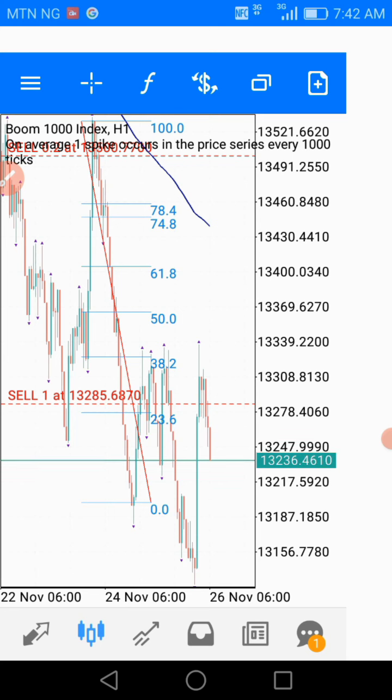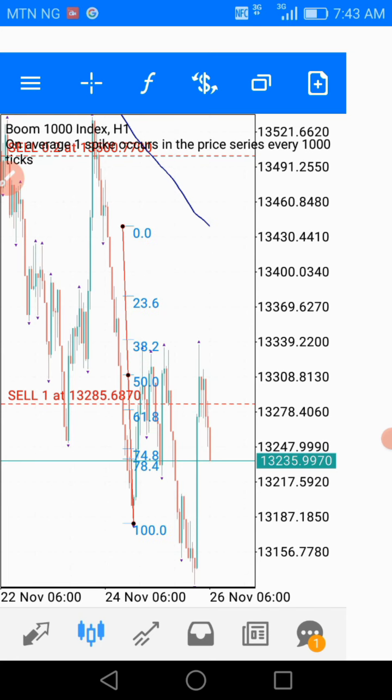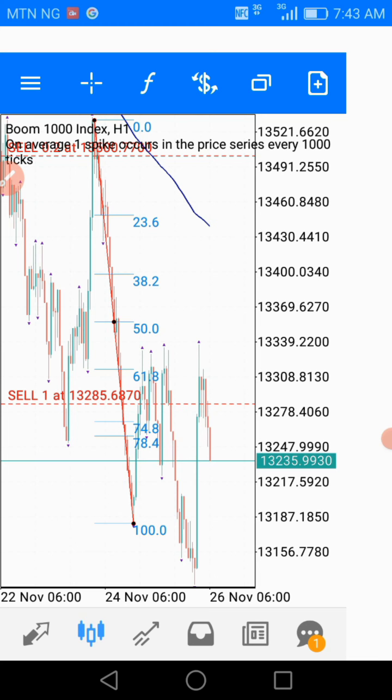For crash market, when you spot two swing points, you want to pick your Fibonacci level, and the 100 should be at the low point, while the 0 will be at the high point. That is if it is crash.